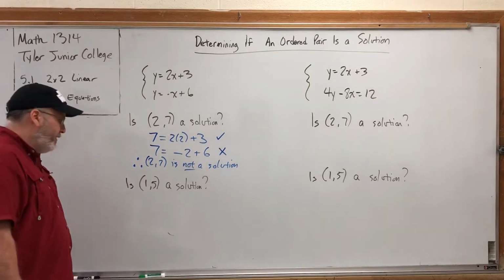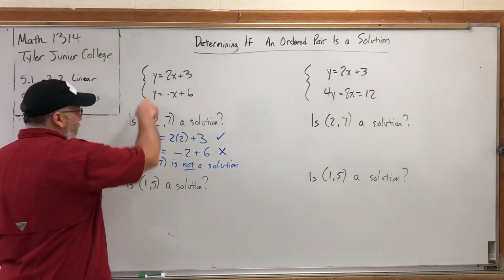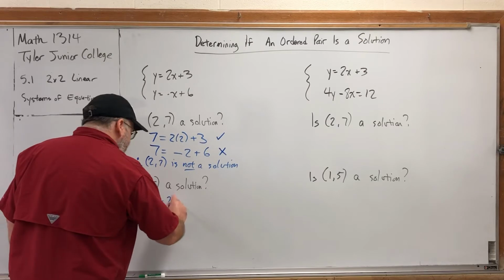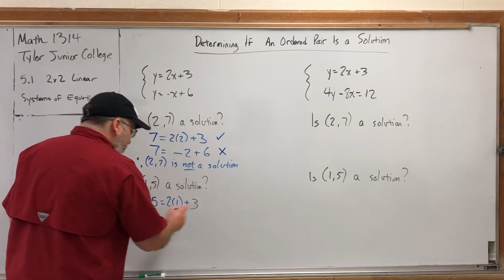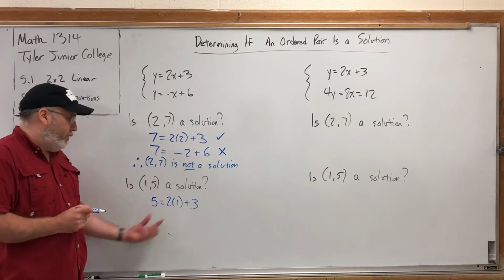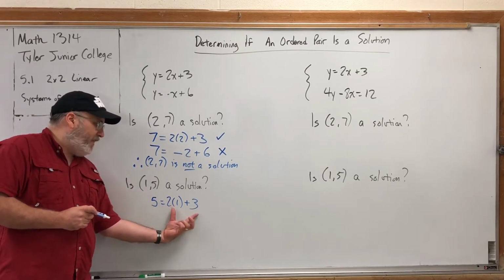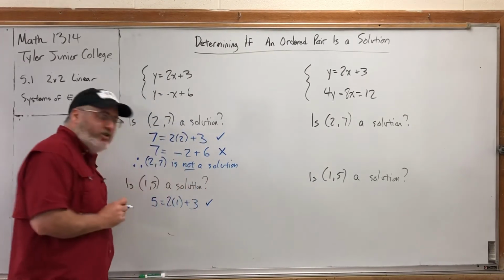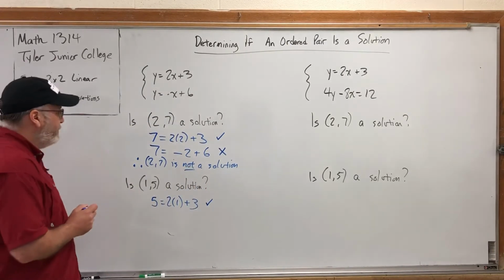Well, let's try it again. We substitute 5 for the y in the first equation, and 1 for the x in the first equation. We get 5 equals 2 times 1 plus 3. Well, 2 times 1 is 2, plus 3 is 5. So yes, the ordered pair makes the first equation true, but we have to check the second.